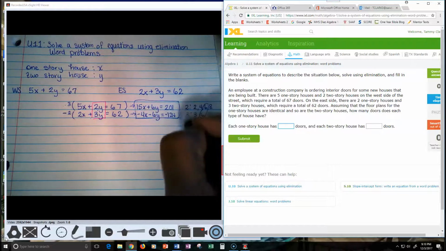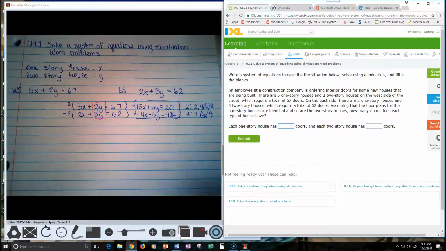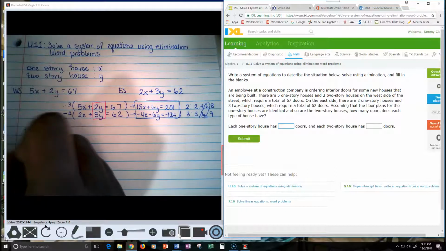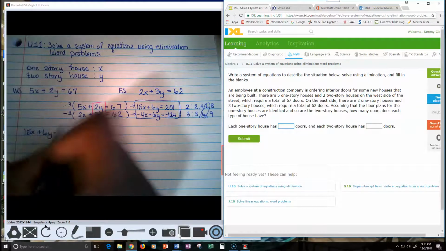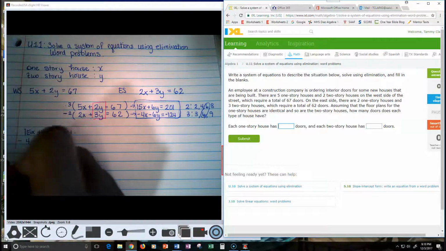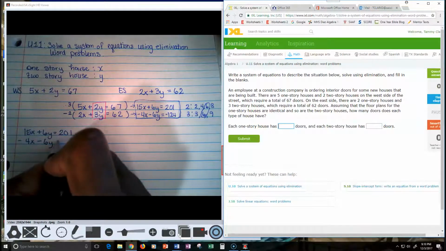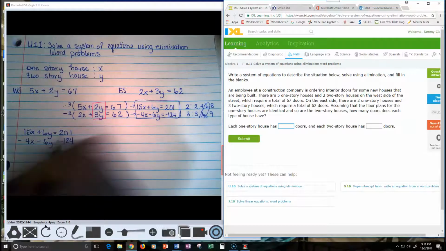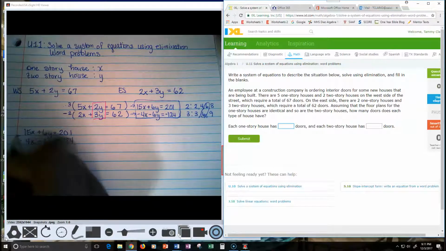Now I can eliminate. So I'm going to write over here, 15x plus 6y is equal to 201, and negative 4x minus 6y is equal to negative 124. Remember, we're adding these together.